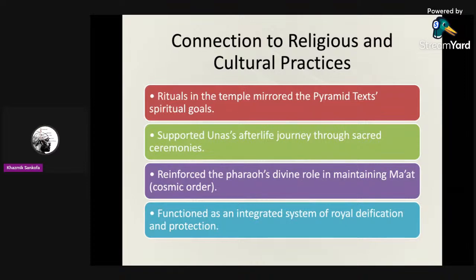It reinforced the initiate's, or the pharaoh's, divine role in maintaining Ma'at: truth, justice, righteousness, peace, balance, and divine order with the self. And there's also evidence that it functioned as an integrated system of royal deification.